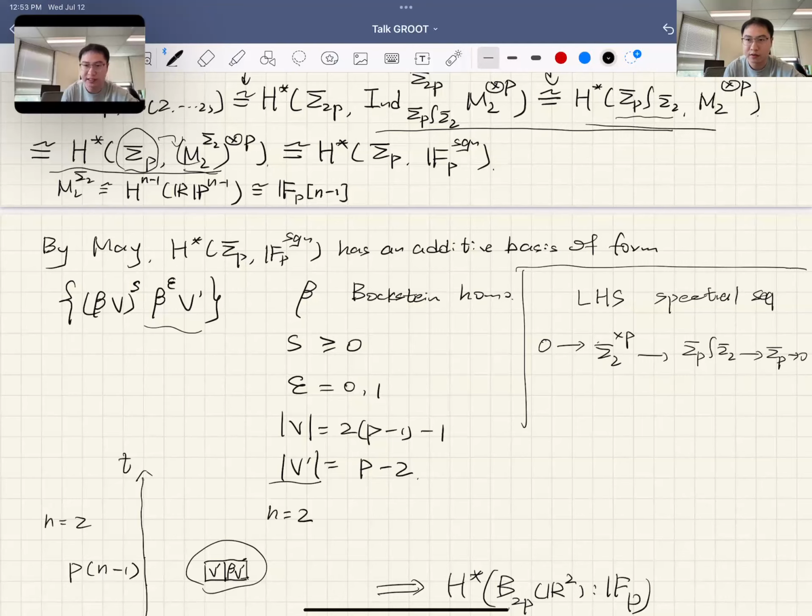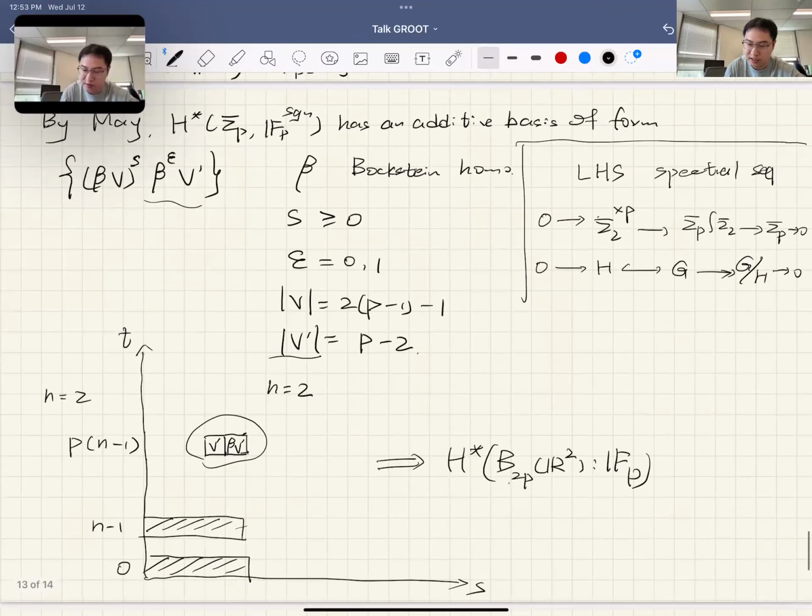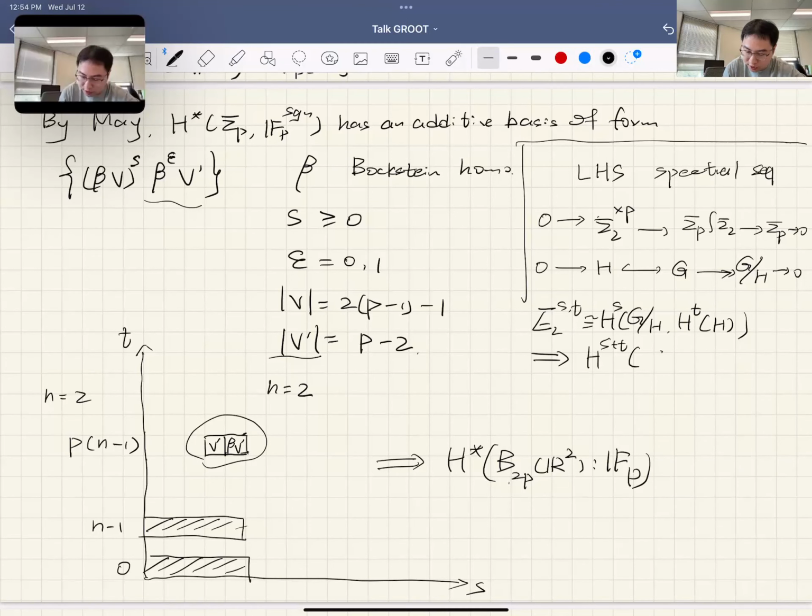So if I have a group extension of this form, or more generally, I have a subgroup H embedded in G with the quotient G mod H, I can construct a spectral sequence of the form that the E2 page is isomorphic to H s of G mod H with coefficient of H t of H. And this spectral sequence converges to the group in the middle.